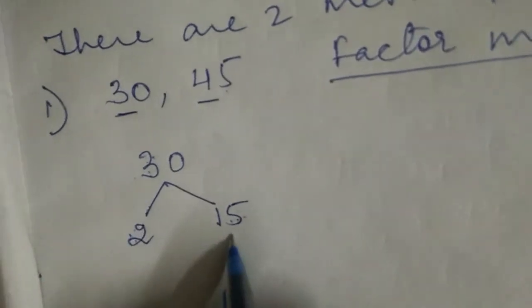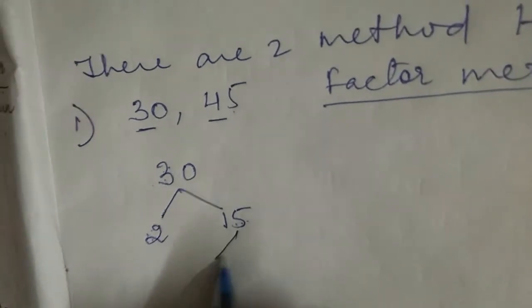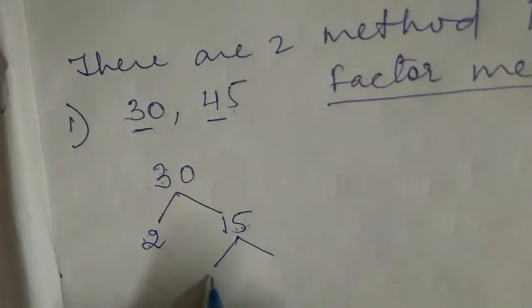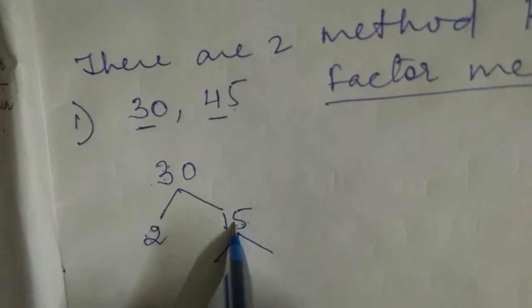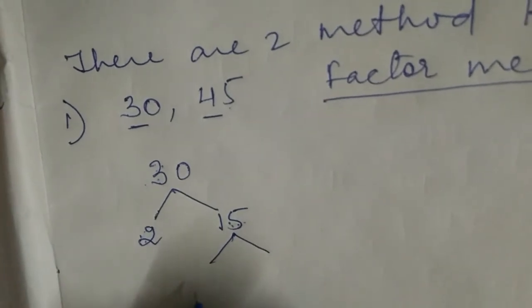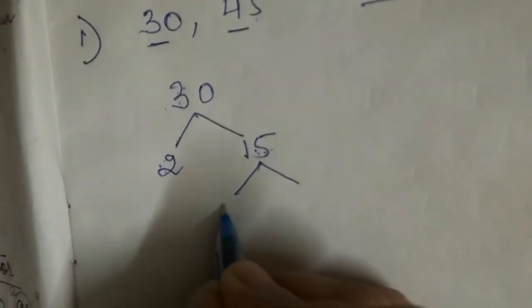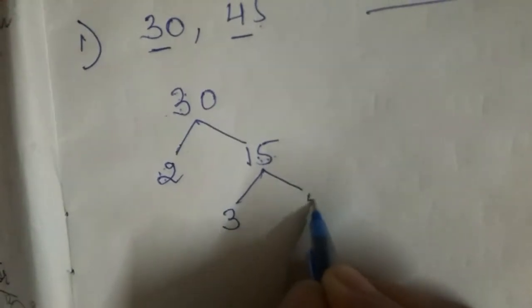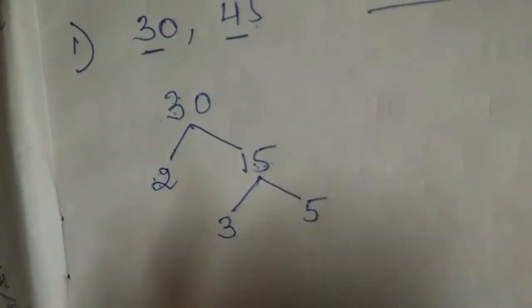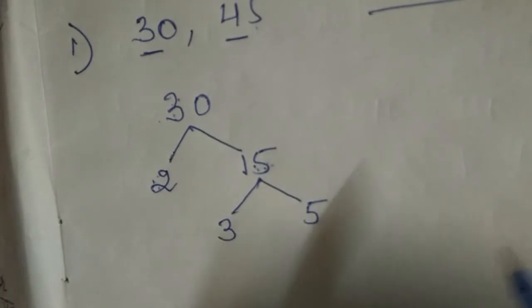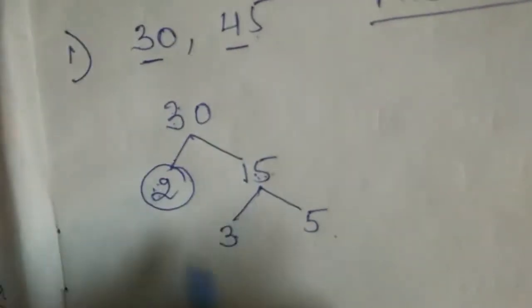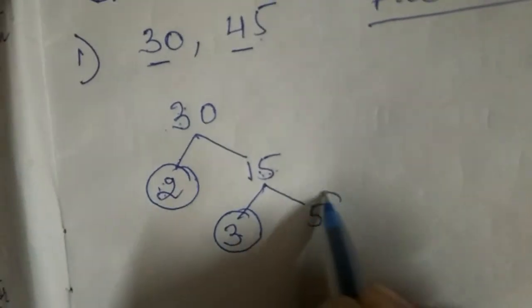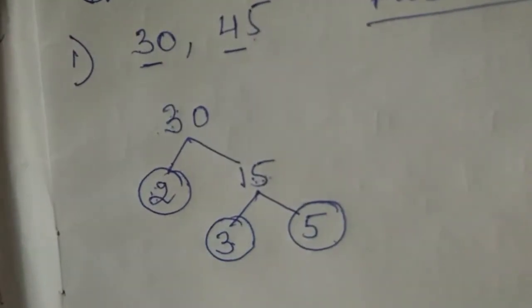Again we find which numbers multiply to give 15. The next prime number is 3, and 3 times 5 gives us 15. Now all these are prime numbers: 2, 3 and 5.